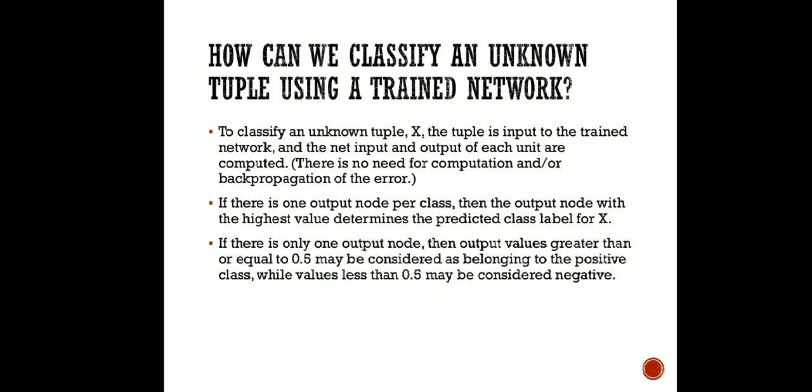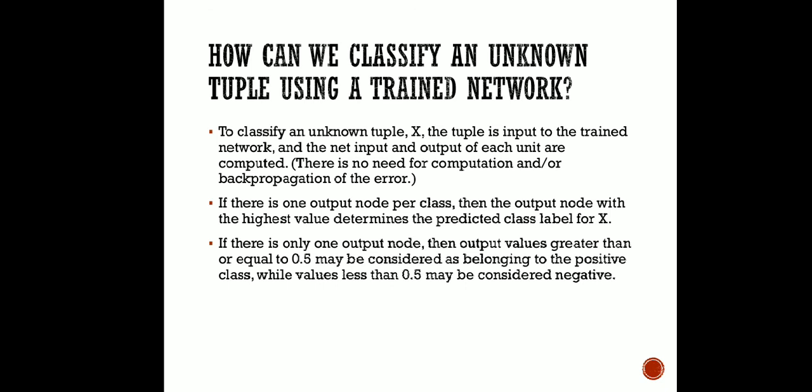Now, how can we classify unknown tuples? We have trained our network, fine, but now we are going to test it using the test data. To classify an unknown tuple X, the tuple is input to the trained network and the net input and output of each unit are computed. In the testing phase, definitely you are not going to calculate the back propagation error, because that is a training phase only.